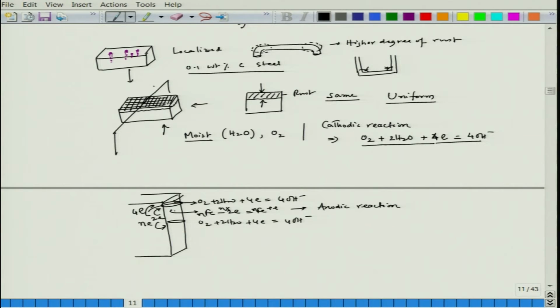Now, this portion is going through a dissolution.